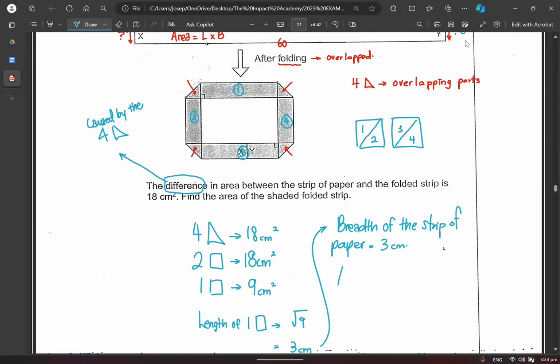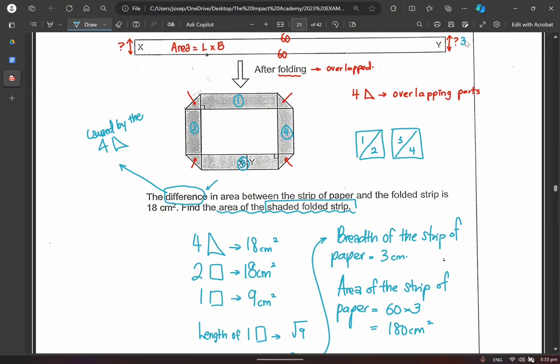Therefore, the area of the strip of paper is basically, like I said, 60 times 3, which equals 180 centimeters square. Now the question says find the area of the shaded folded strip. Very simple.